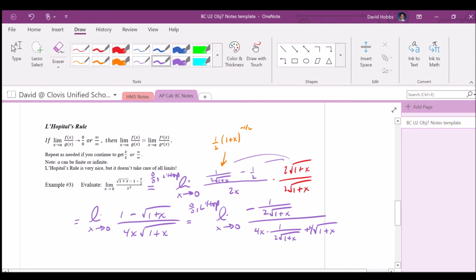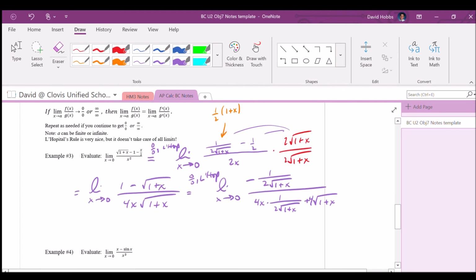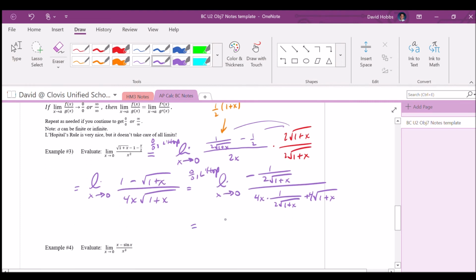Okay, well, let's see. If we plug in a 0 right now, do we get 0 over 0 again? Well, not in the top. So in the top, I am getting negative 1 over 2. So as soon as you're not getting 0 over 0 or an infinity over infinity, you're done.